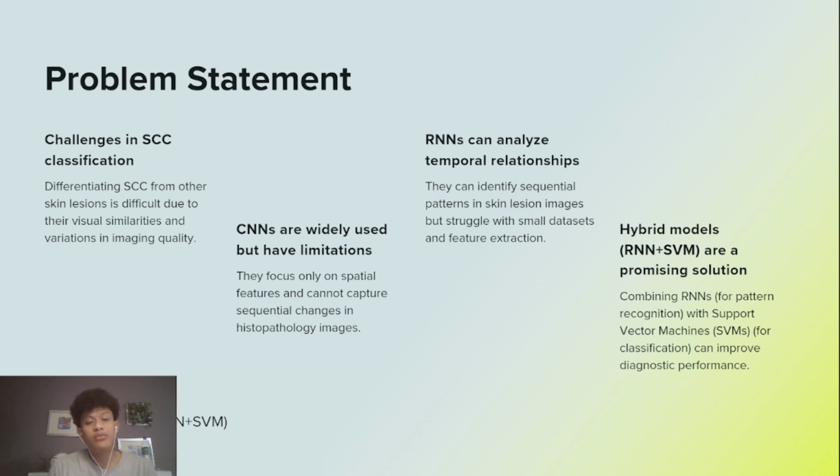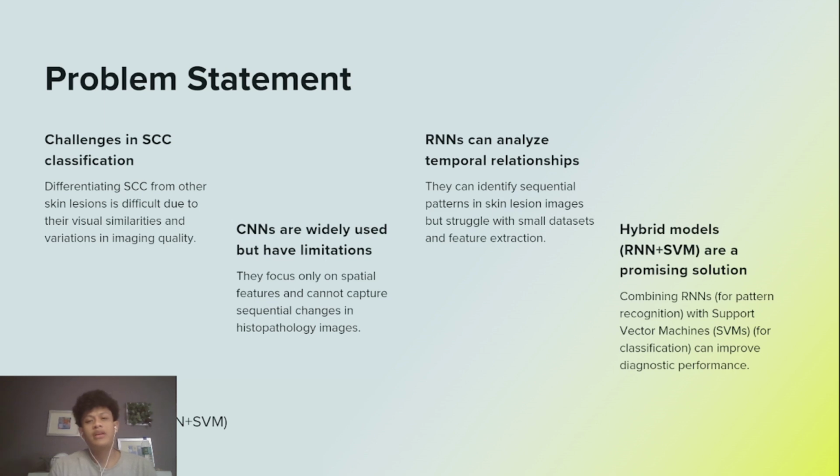The next one is that CNNs are widely used but have limitations. This is one of the big problems for us, because they focus only on spatial features and cannot capture sequential change in histopathology images.